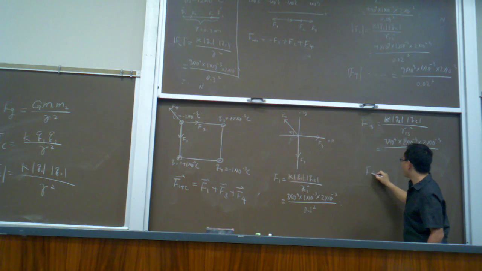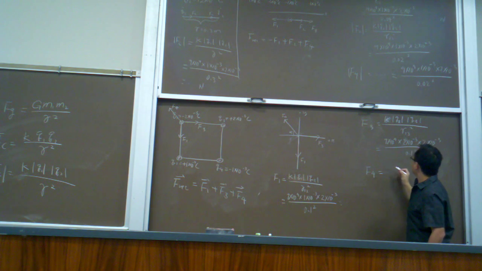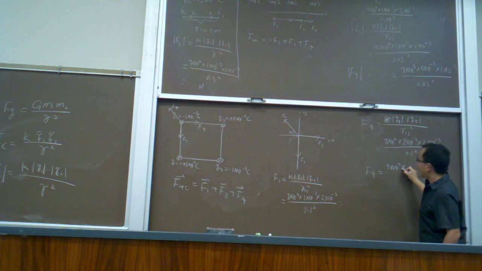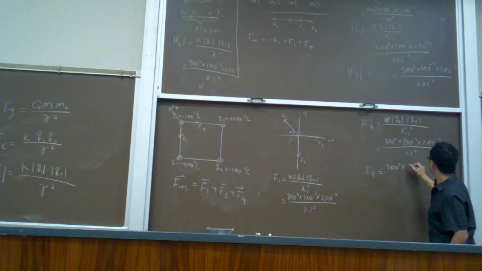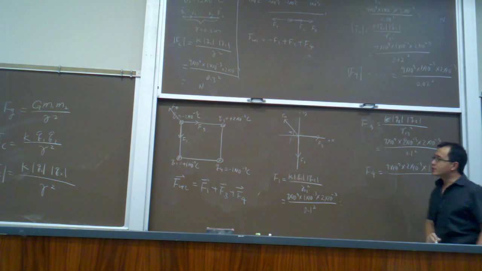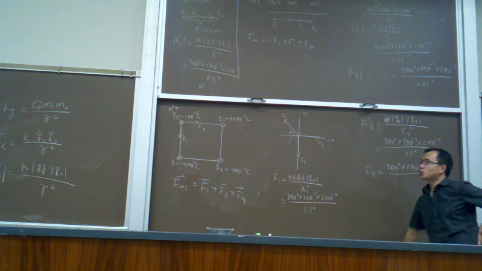And F4 should be the constant times the absolute value of charge 2 times the absolute value of charge 4. Here, what is the distance between charge 2 and charge 4?